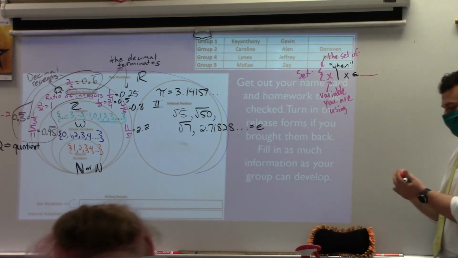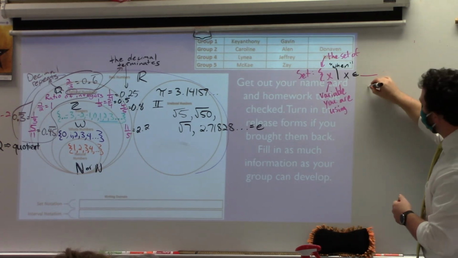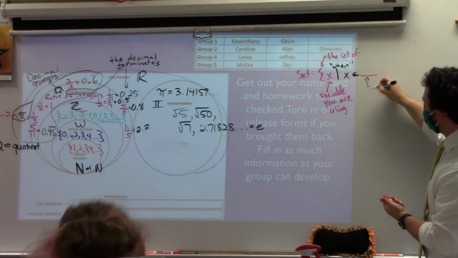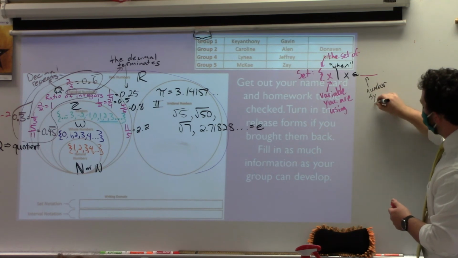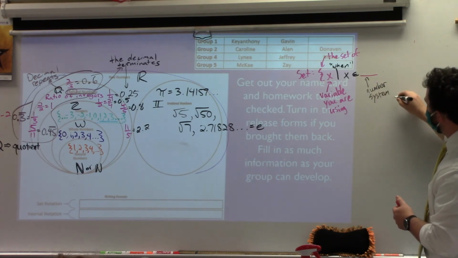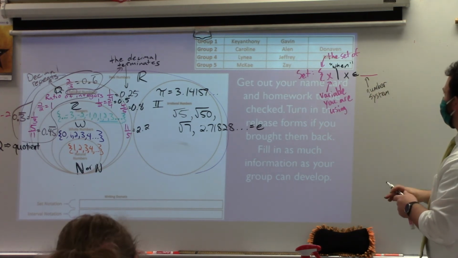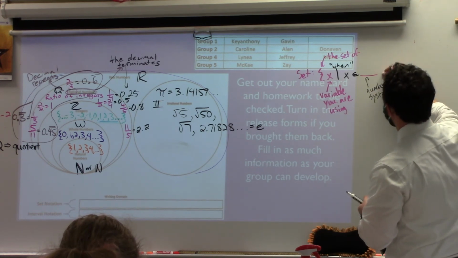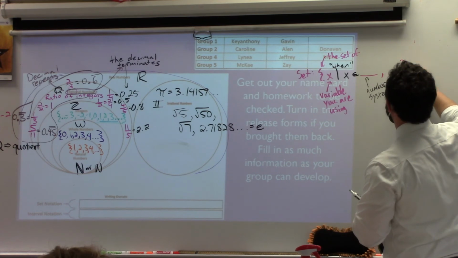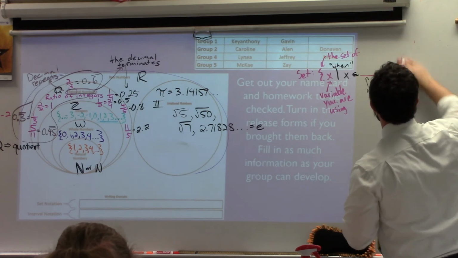So I'm just going to put a blank here and say real number system, or number system. There's sometimes another section that we put right here, but we'll leave that alone for now.